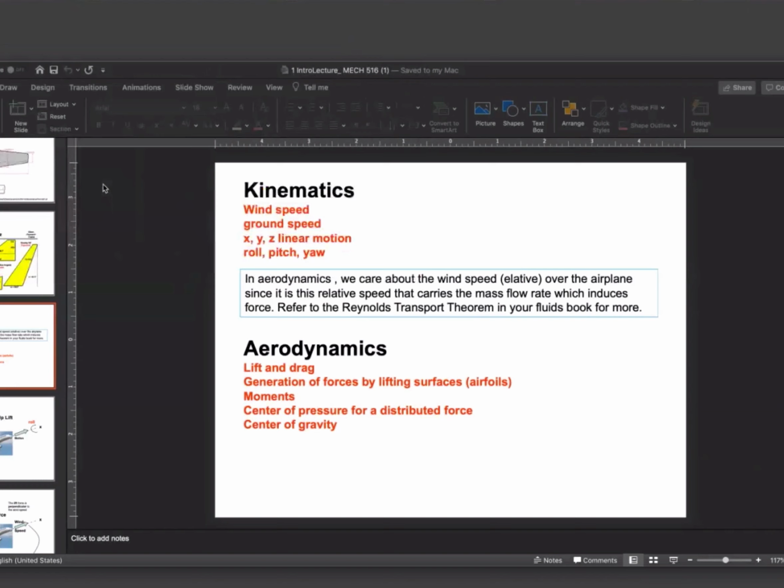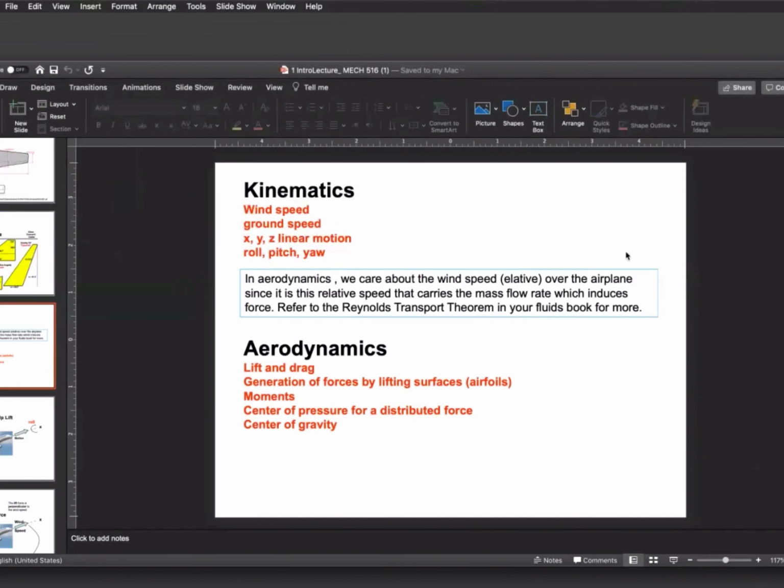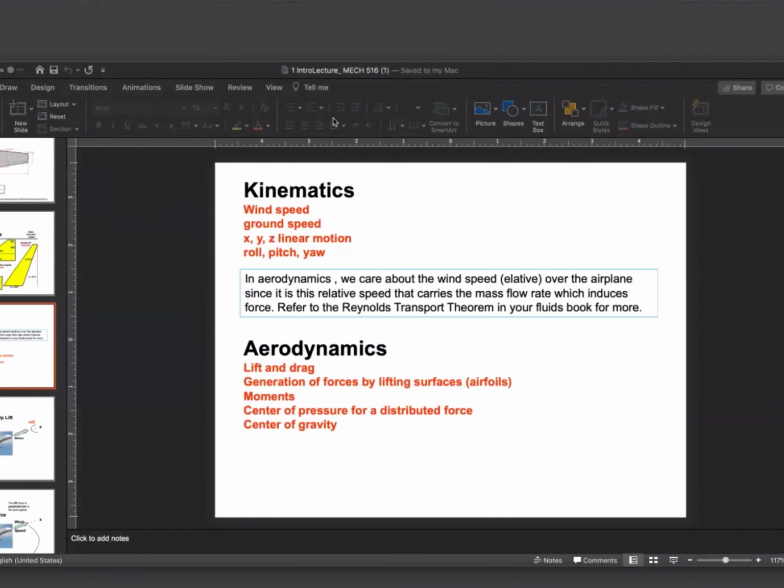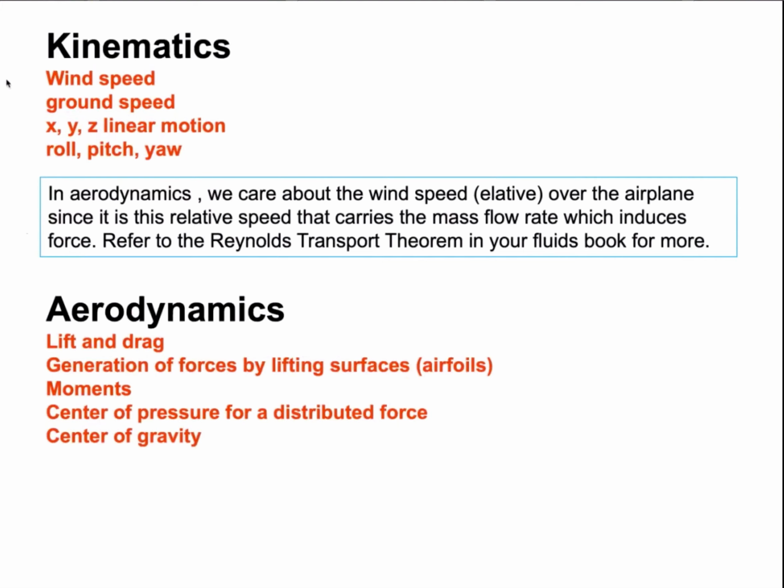And now, in aerodynamics, this takes us back to our question about wind speed and ground speed. On the ground, the helicopter is sitting on the ground, but once it is lifted up, it is sitting on the air.